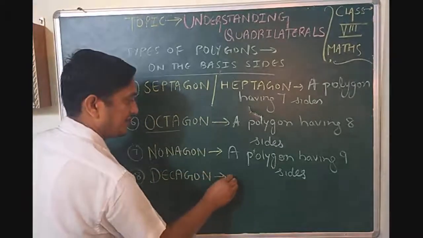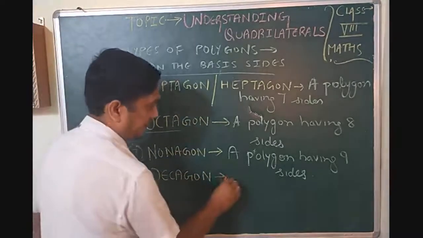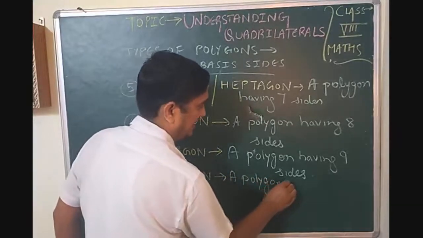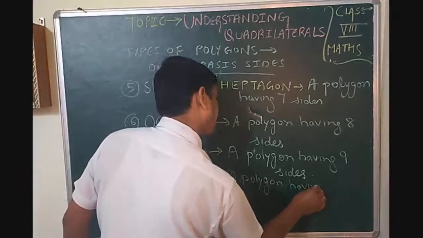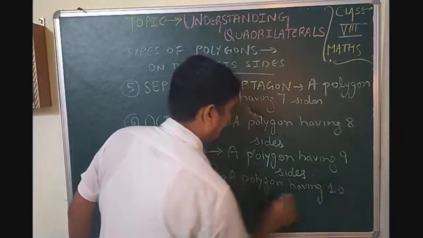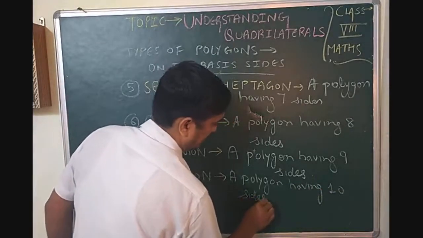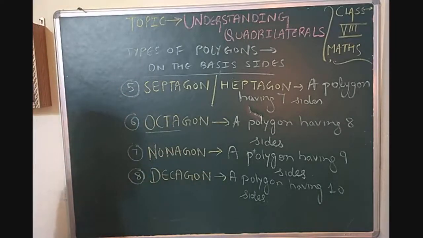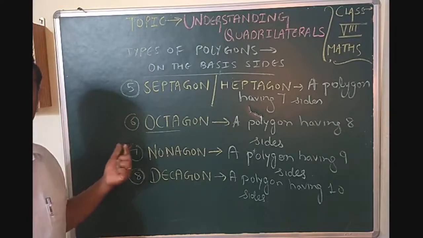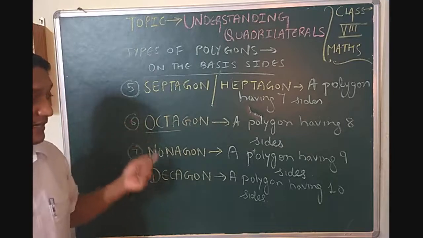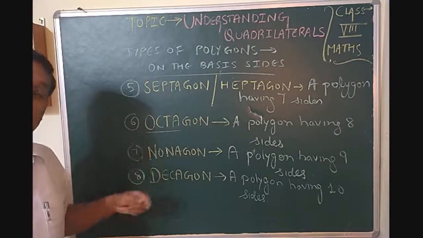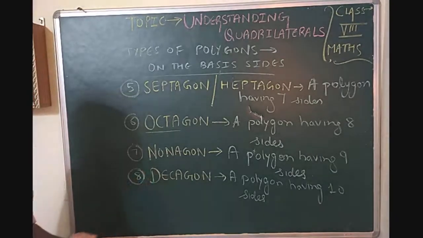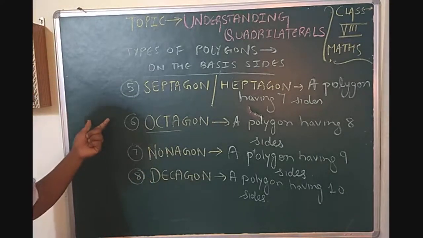Decagon. A polygon having 10 sides. A 10-sided polygon is called decagon, and so on. You can check on the net. You will get more. If the sides are 11, 12, they are also termed like that. 11-sided polygon, 12-sided polygon, and so on, children.